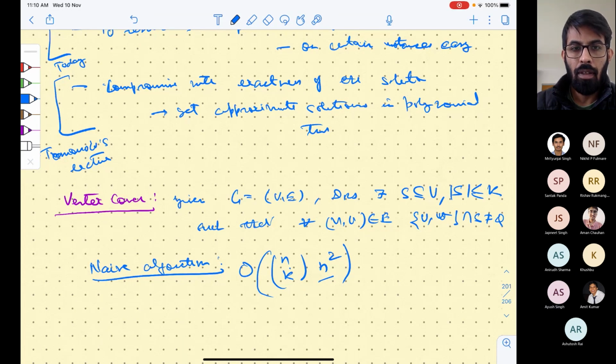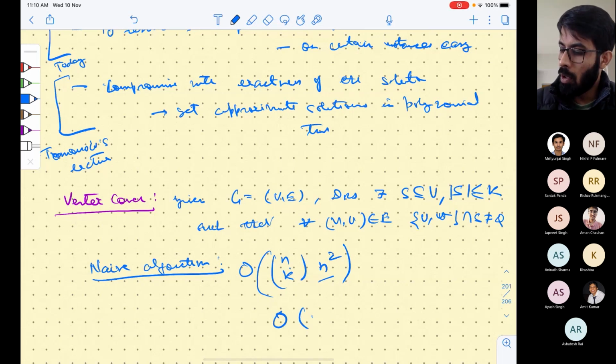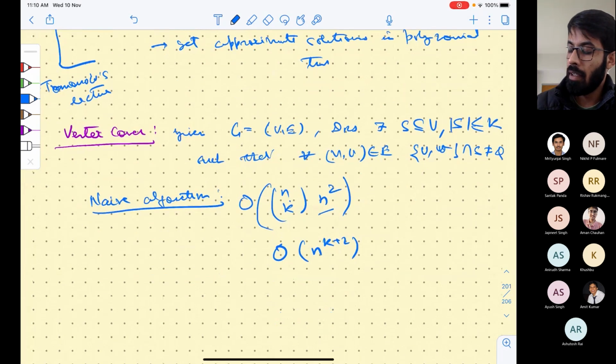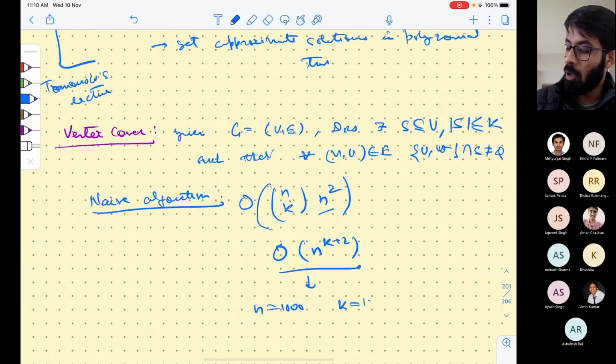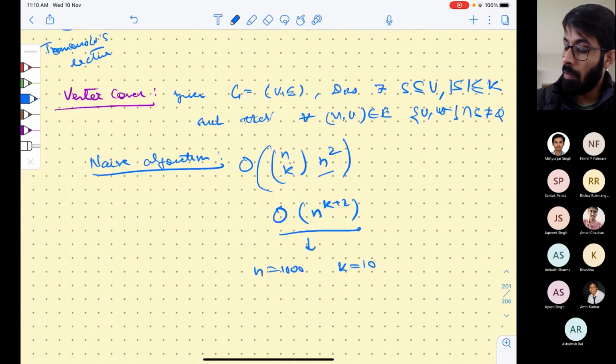So this is order of n choose k plus 2, because this is n to the k, and this is quite bad. Suppose n was 1000 and k was just 10. Then how much time do we spend? 1000 to the 10, which is 10 to the power 30.